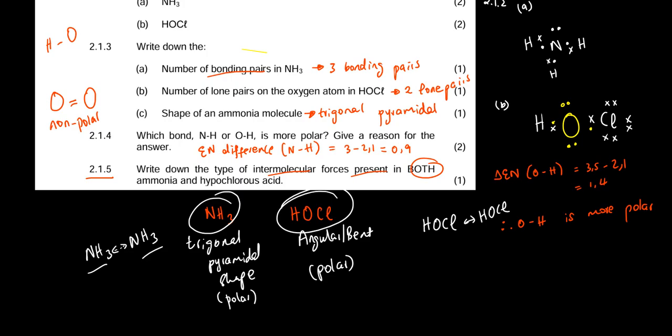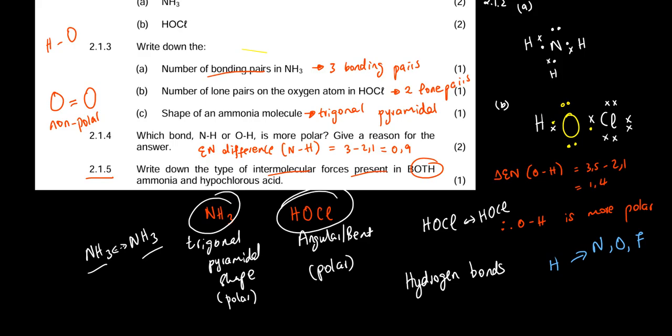But they have a special type of dipole forces. Both of them have what you call hydrogen bonds. Hydrogen bonds are a special type of dipole, when you have hydrogen bonded to nitrogen, oxygen, and fluorine.